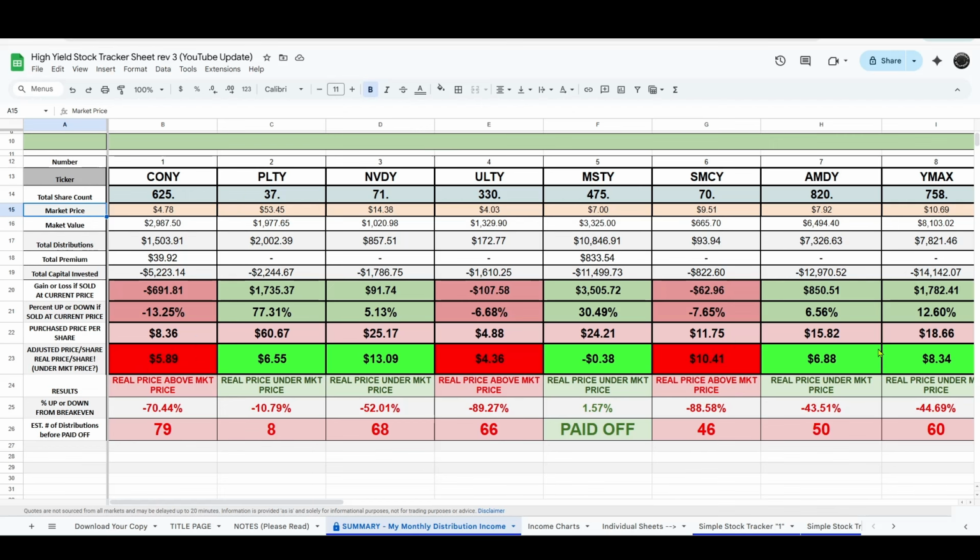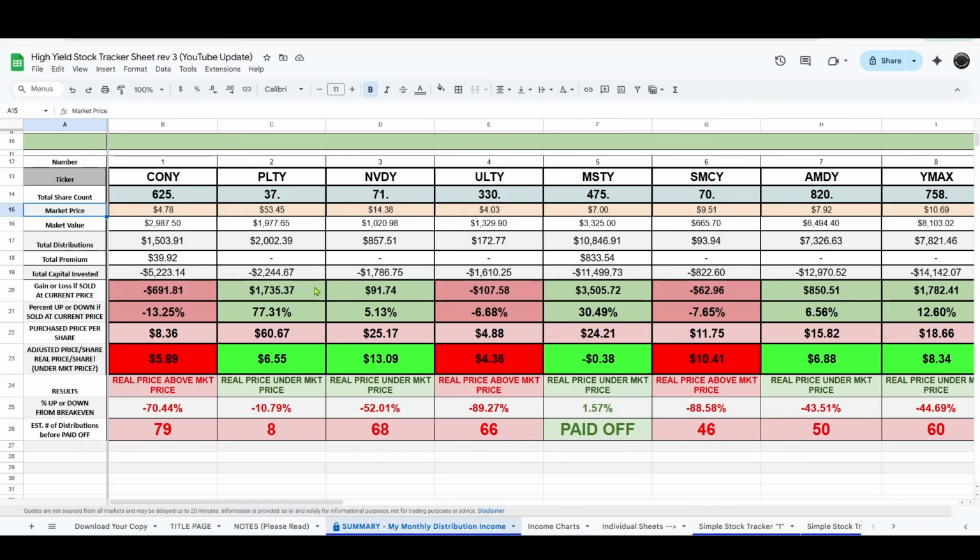And of course, if you do not have a way of calculating that real price per share, you're more than welcome to join the Discord to get a copy, so that you can enter your own ETF stock purchase prices and the distributions you've earned on each one.